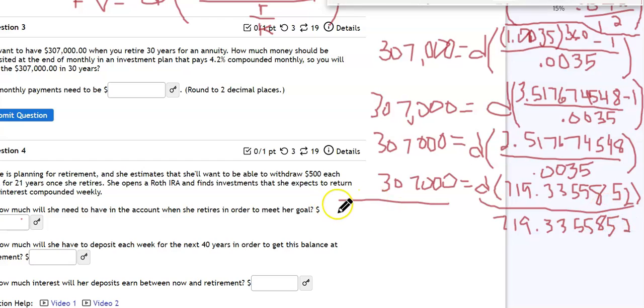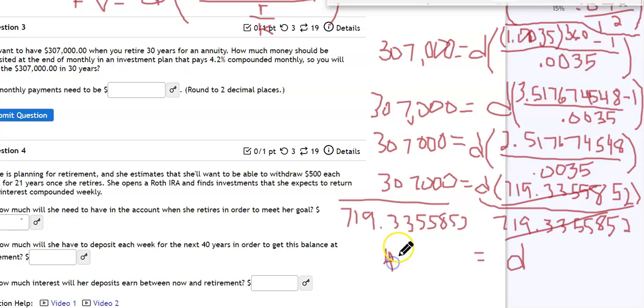And of course I'm also going to do it over here. So I'm going to put that into the calculator over here. Of course, this is going to cancel out. We're going to have D by itself. So we'll have that our deposit amount is whatever this ends up being.